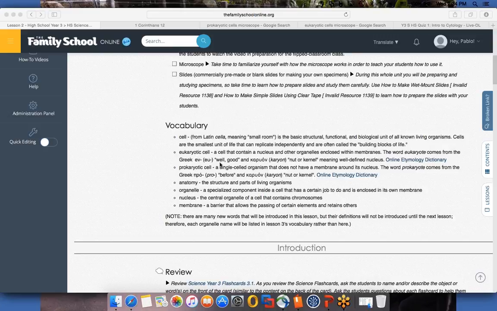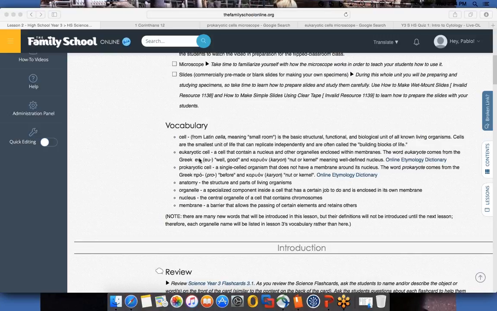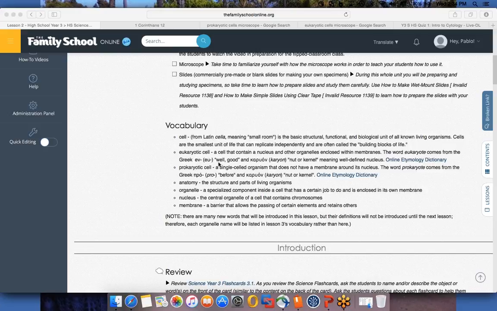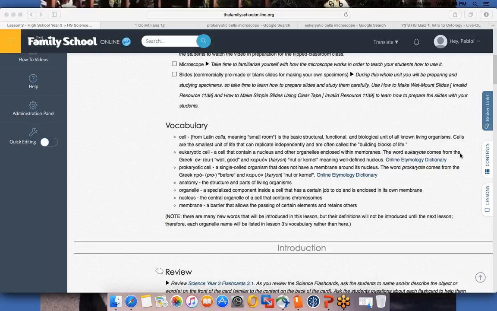And other cells didn't have that nucleus. And so he distinguished them by that.